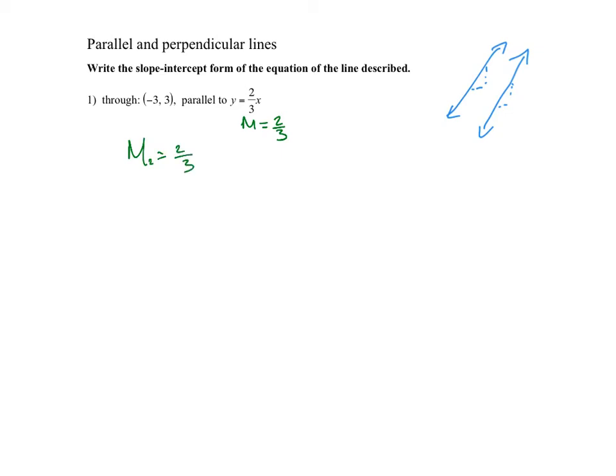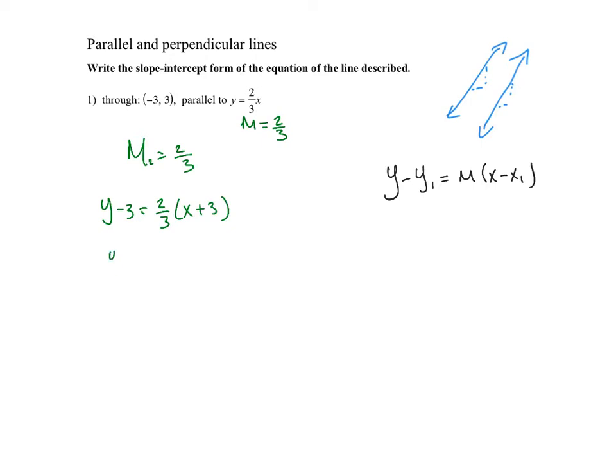So now I'm going to use the point-slope form. Remember that that's y minus y1 equals m times x minus x1. So I have y minus 3 equals 2/3 times x plus 3.